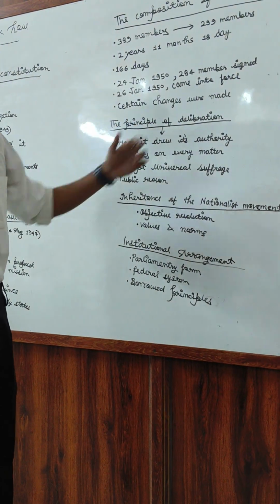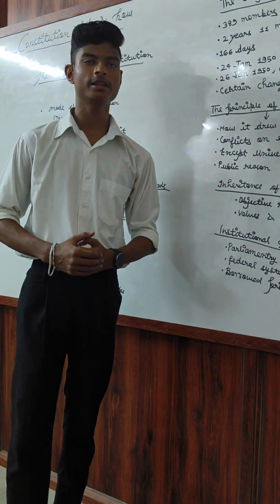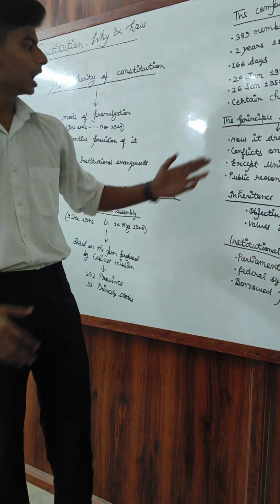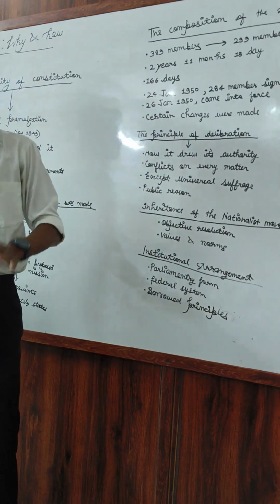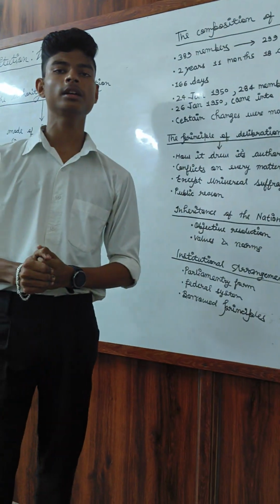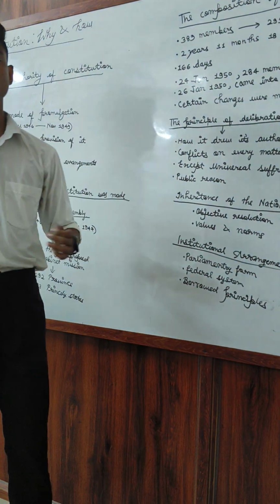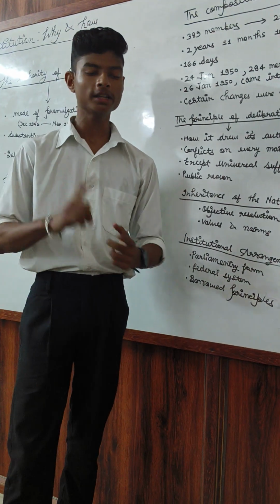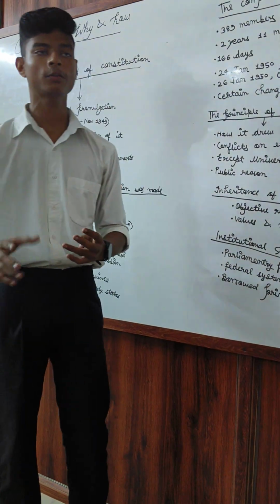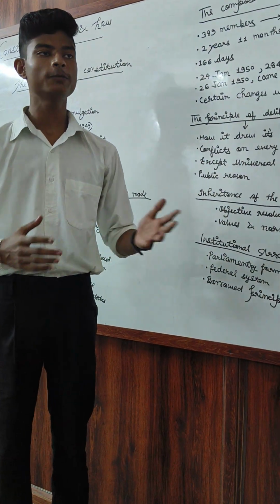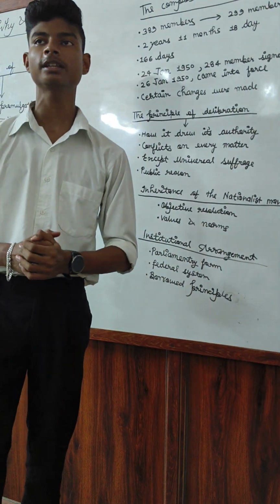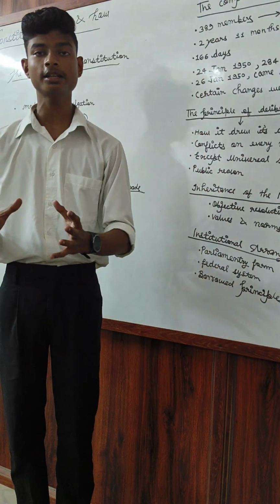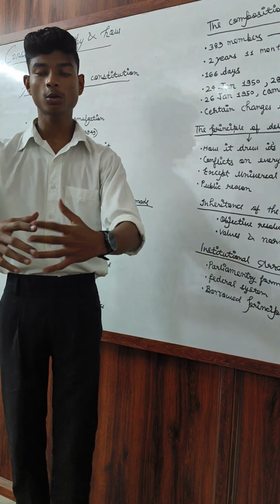The principle of deliberation. First of all, let us know what deliberation is. Deliberation means negotiation. How does it deal with authority? The authority of the constitution cannot be derived from the diversity of the people who are represented, but it is due to how it was framed. The Indian constitution is framed in such a way that representatives are diverse, but they aggregate their interests for the whole nation.